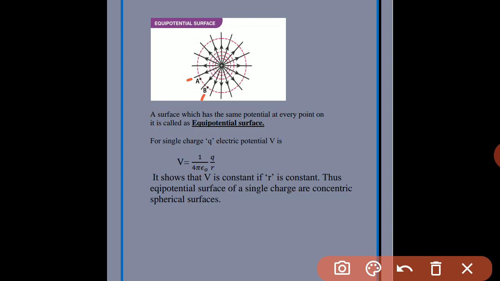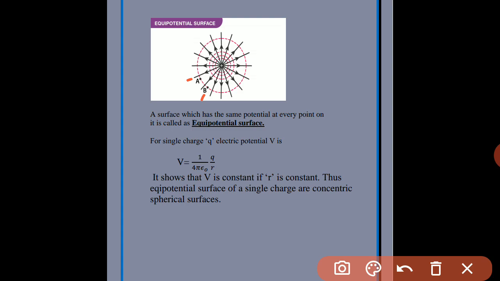To calculate electric potential at point A and point B, first you have to consider an equation, right? Which equation you have to consider here? Till now, you have three equations for electric potential. First one is V is equal to work done divided by charge. Second one is V is equal to Q divided by 4 pi epsilon naught R. Third one is V is equal to 1 divided by 4 pi epsilon naught P cos theta divided by R square, right?